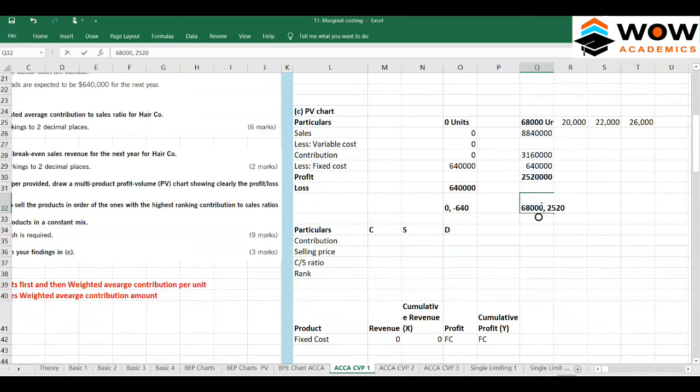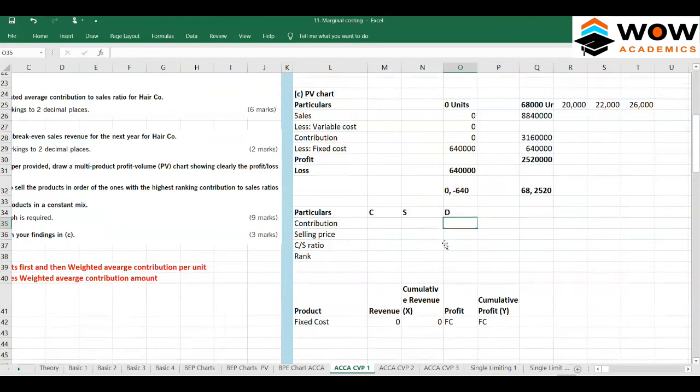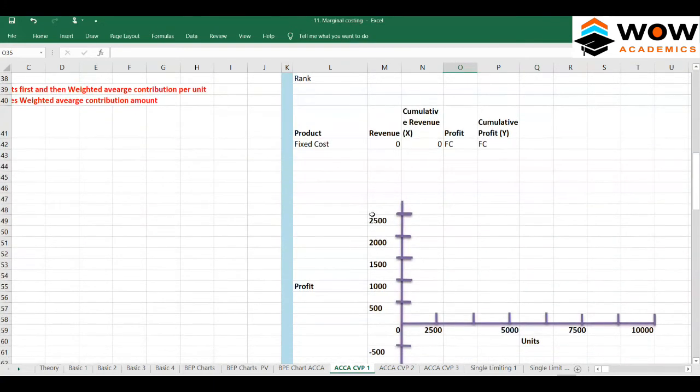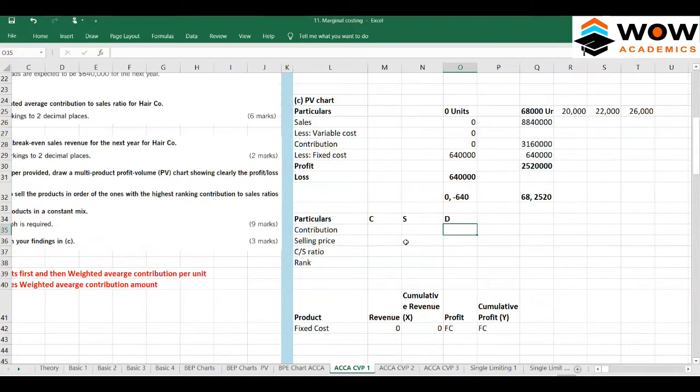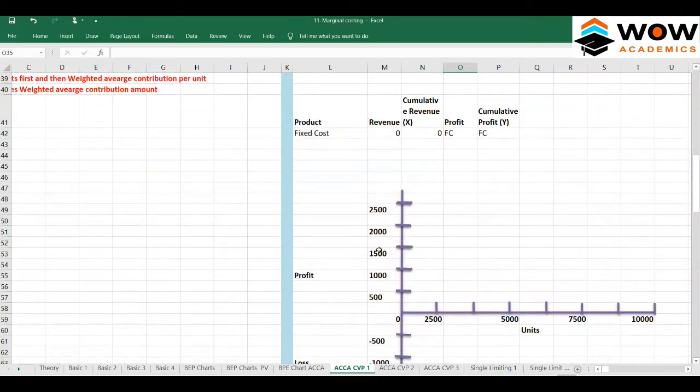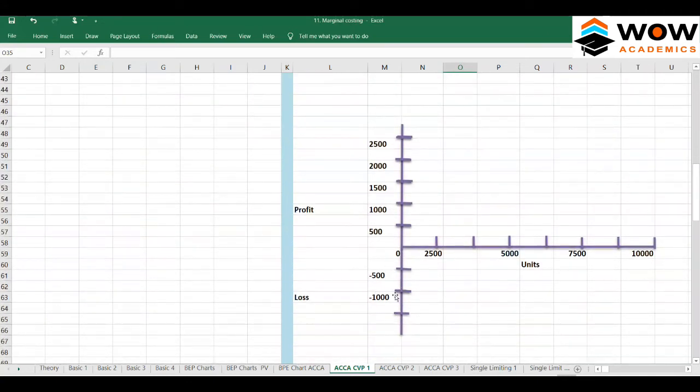I think in units also we'll remove 3 zeros. Okay, we'll have it like this. So the maximum loss is 640. So we have that here, and all these numbers are shown in thousands, so that has to be mentioned.